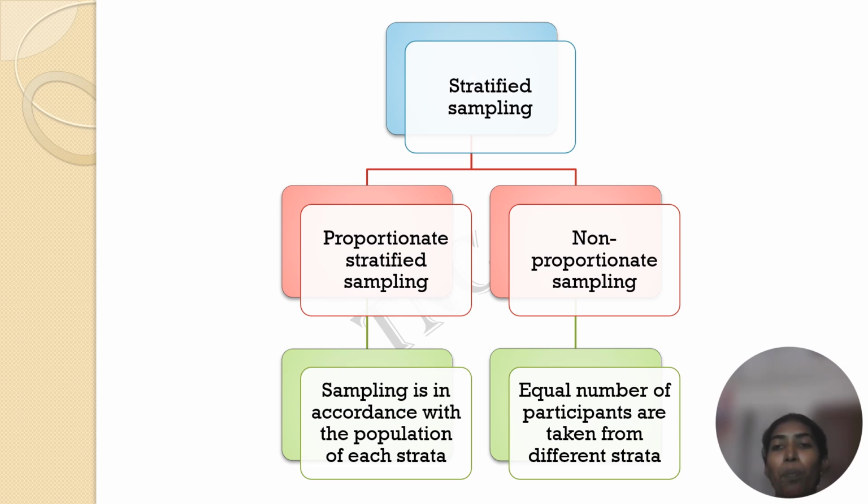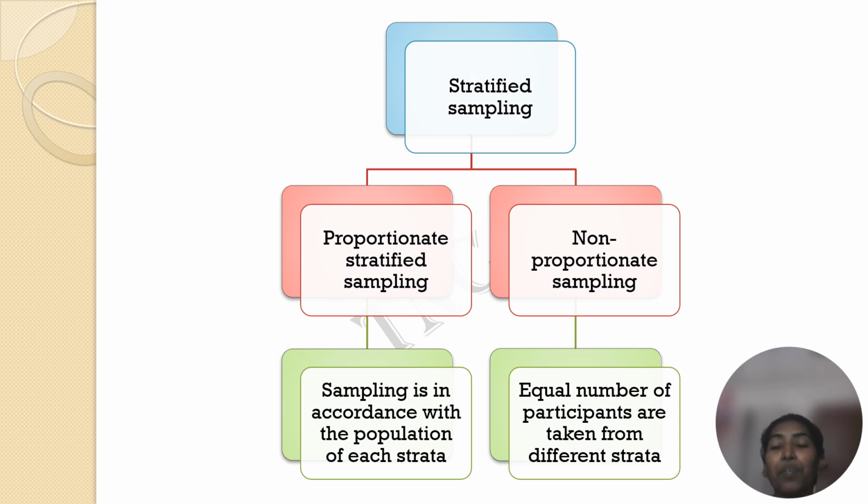Then it is non-proportionate stratified sampling because we are collecting an equal number of samples from each strata irrespective of their population size.